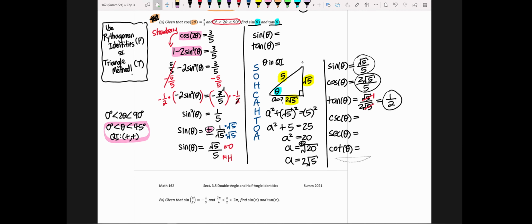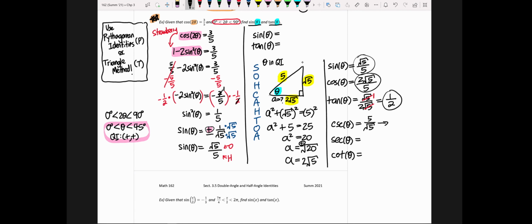Once you have sine, cosine, tangent, we can reciprocate and rationalize to get the other 3. Okay, so the reciprocal of sine is cosecant. So 5 over root 5.